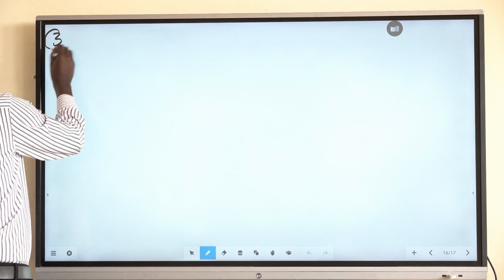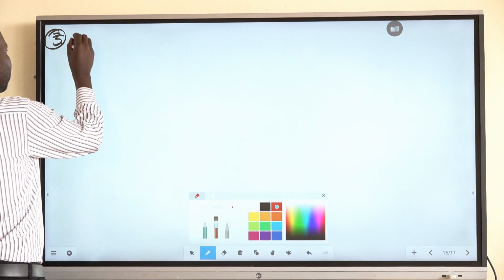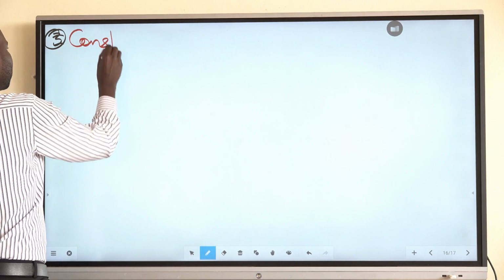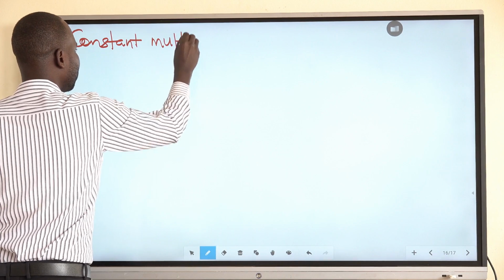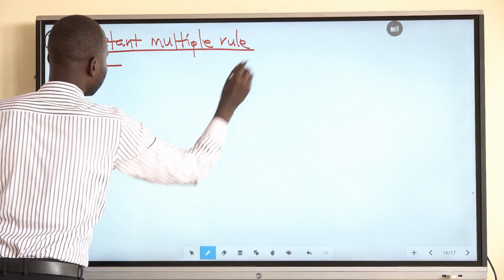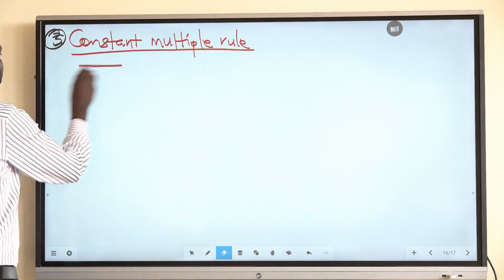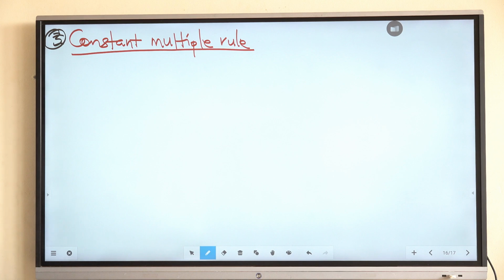The third rule is called the constant multiple rule. This constant multiple rule is a combination of the constant rule and the power rule.